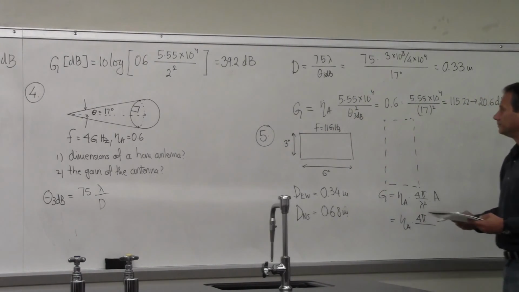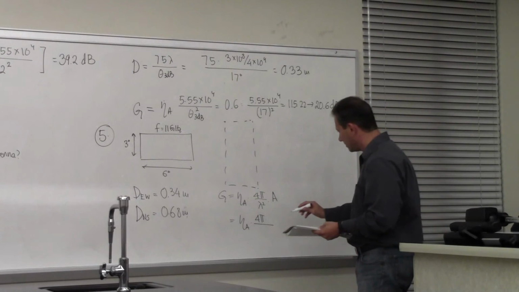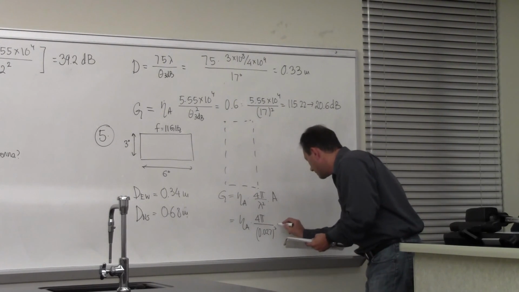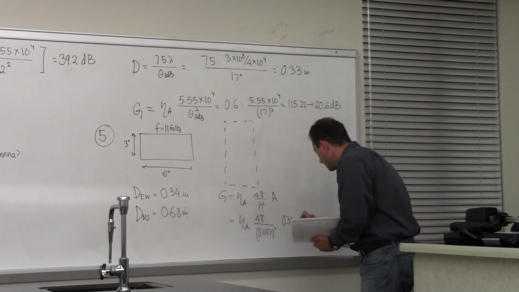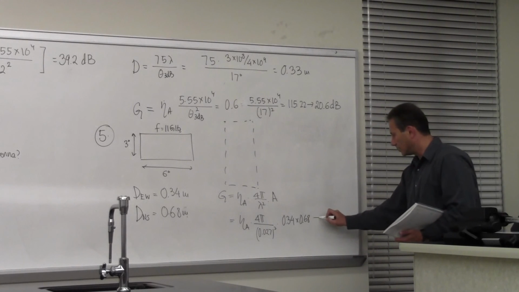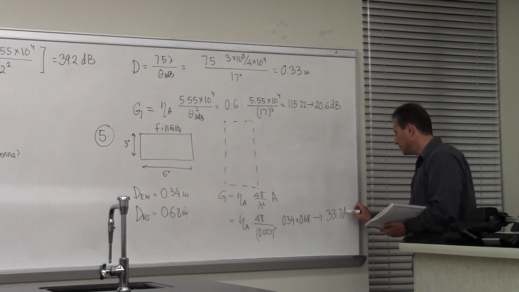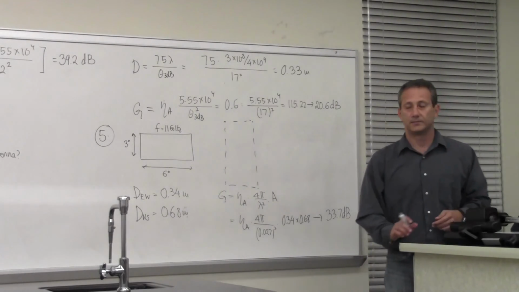This is again K band. So lambda is 0.027, and then squared, and A is going to be 0.34 times 0.68. And when you do the calculations all the way, or when I did them, you end up with 33.7 dB. Again, mid-30s as a gain of this antenna.